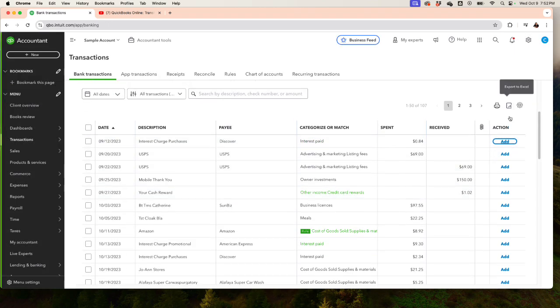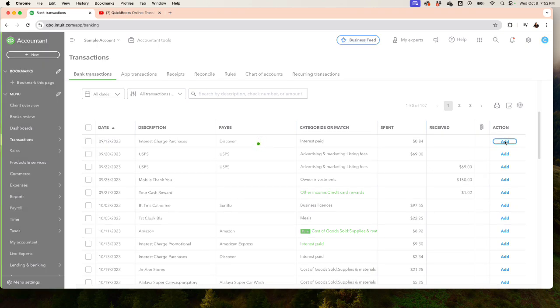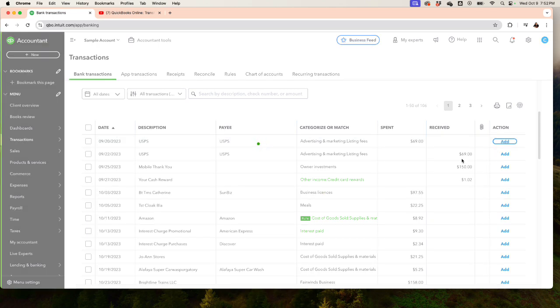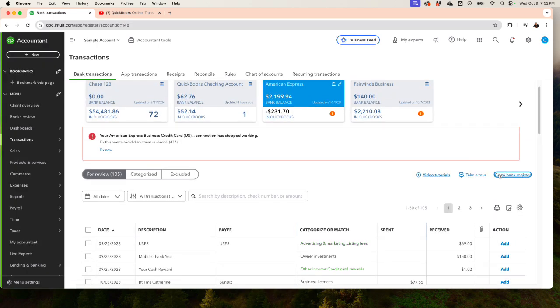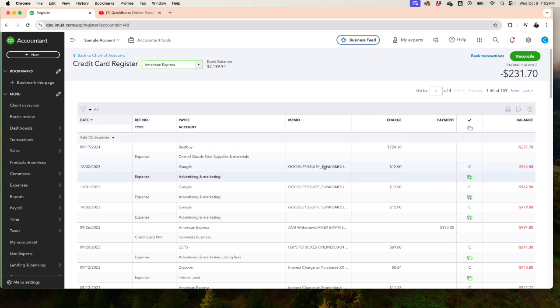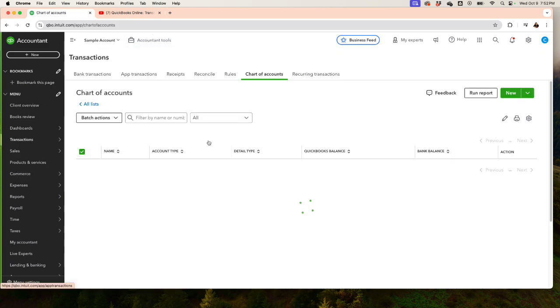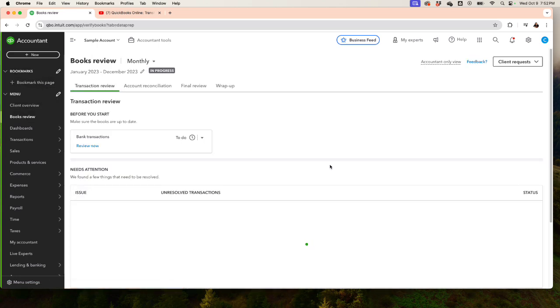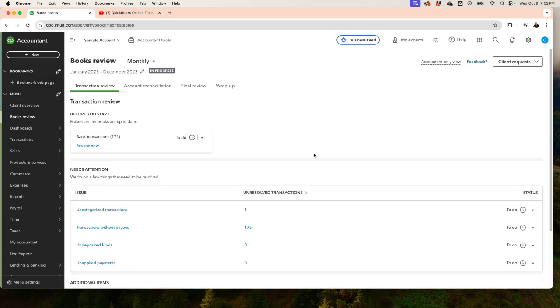I just have to go through those. Okay, let's see. We're gonna take a look and see how far this was. This one was not reconciled, but I know that there's some of them that were reconciled, so I can actually take a look at the ones that were reconciled.